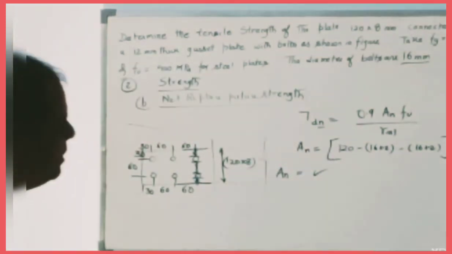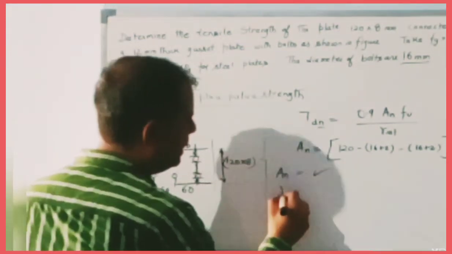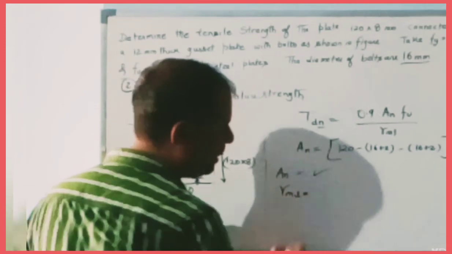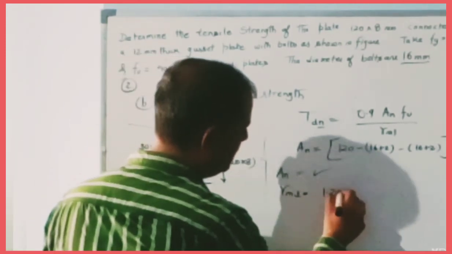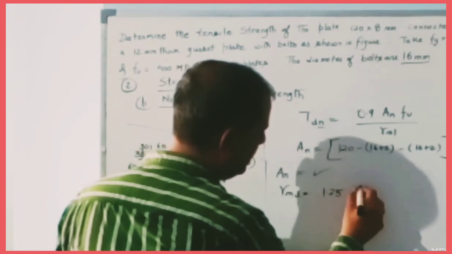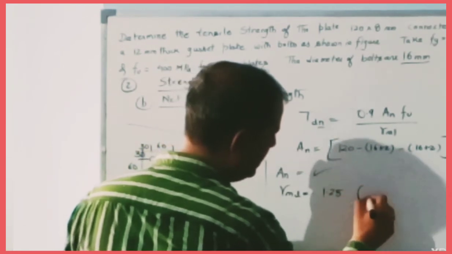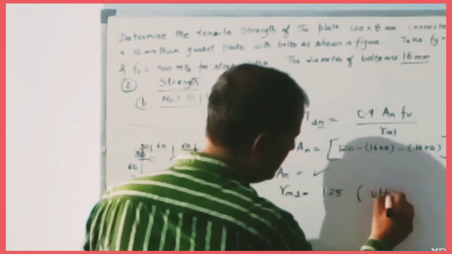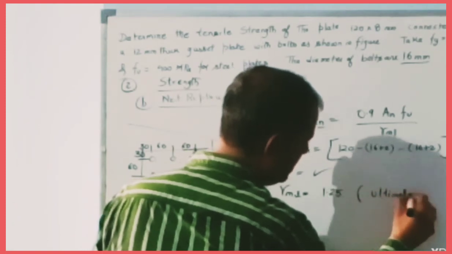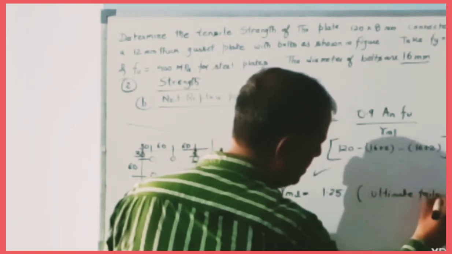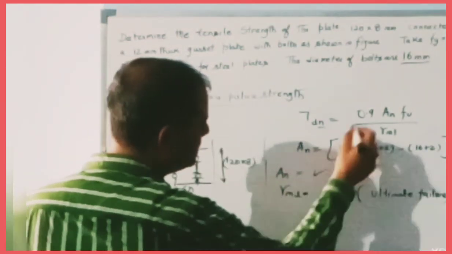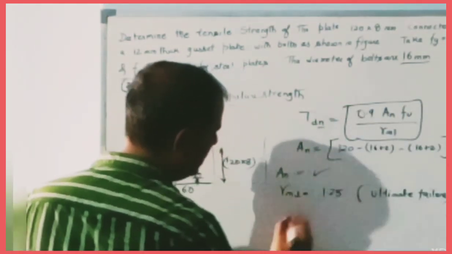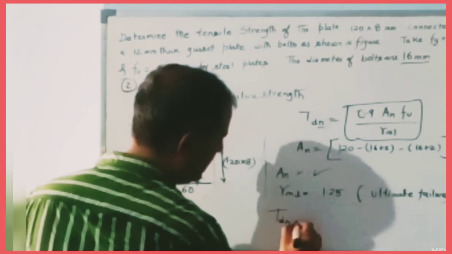We can easily calculate this. Gamma m1, the partial factor of safety, is taken as 1.25 in case of ultimate failure. So putting all these values together in this equation, we can calculate Tdn.